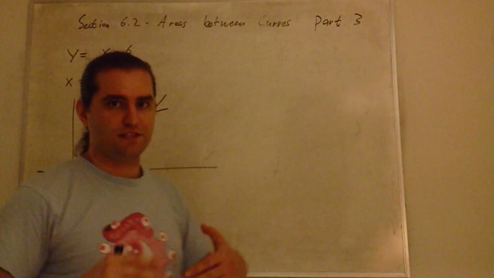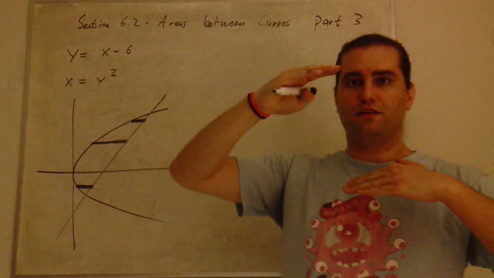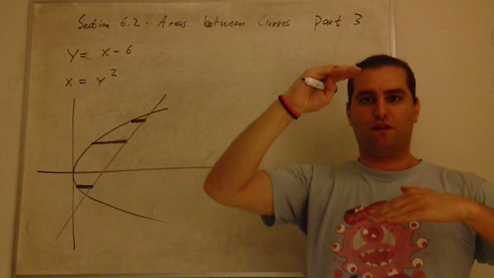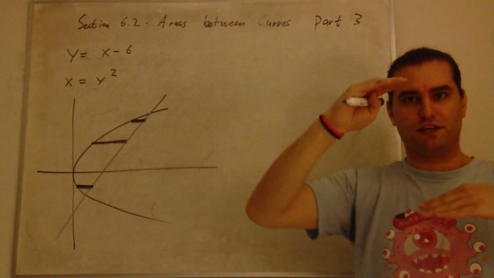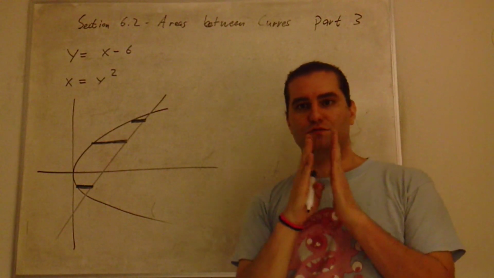The vertical slices had a height that was the difference between the top and the bottom function. That's how we defined the height of those rectangles. And the width of those rectangles was dx.